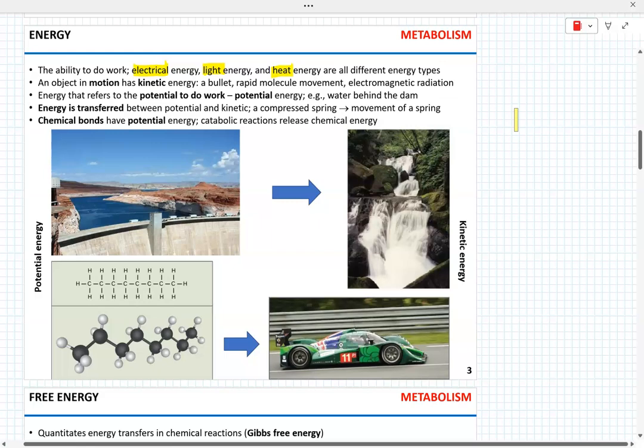If the object is moving, it has kinetic energy. For example, a bullet, a movement of molecules, photons in electromagnetic radiation, or the water in the waterfall.